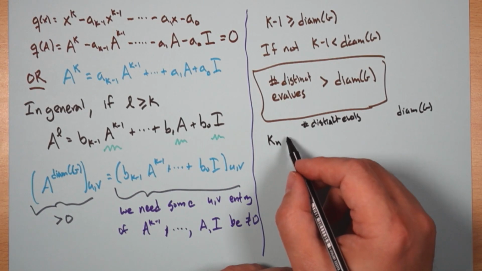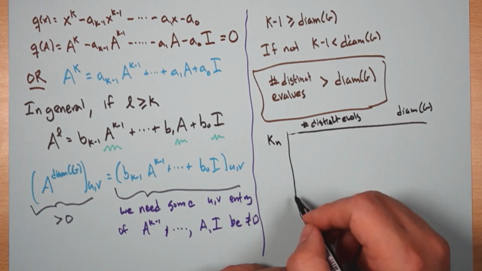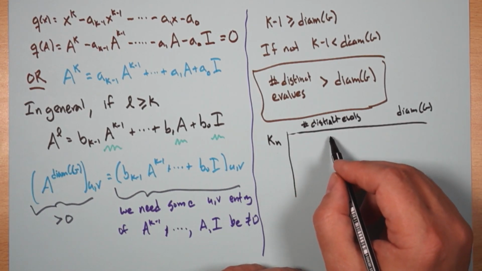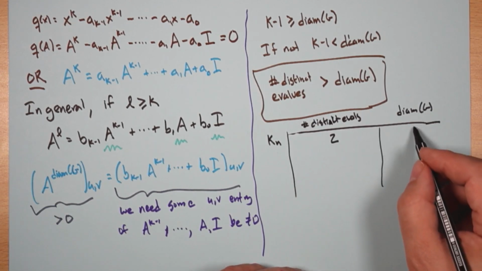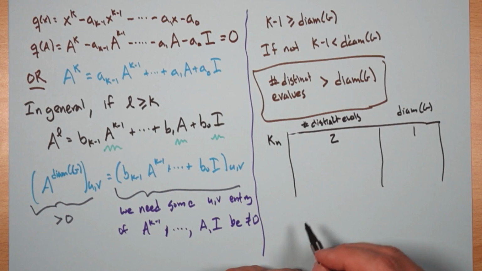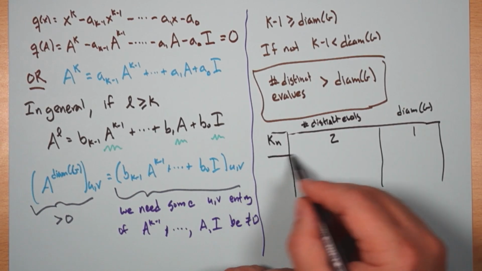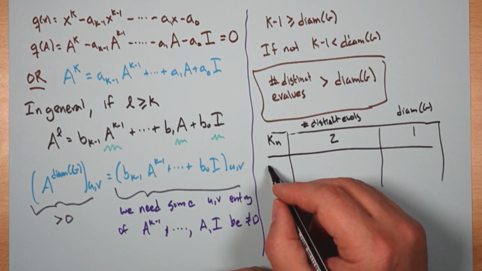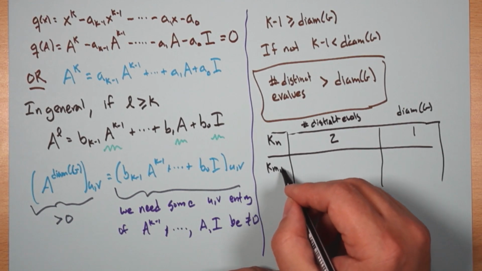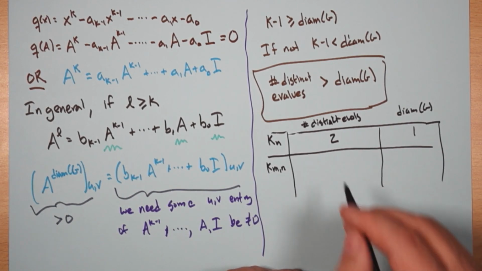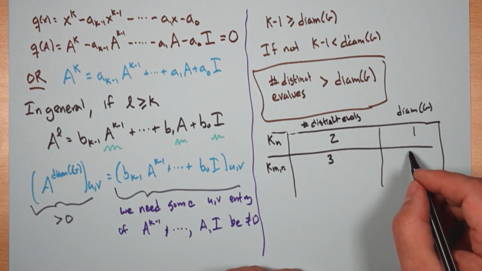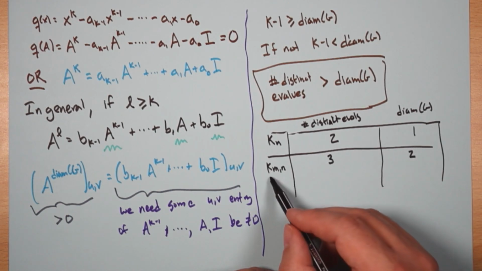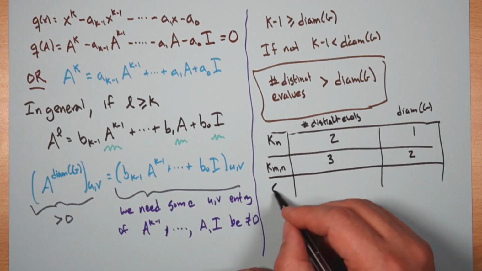Well, for Kn, the number of distinct eigenvalues is 2. What's the diameter? 1. All right, well, that's not so bad. How about for complete bipartite graphs, Kmn? In that case, we've worked it out. The number of distinct eigenvalues is 3. The diameter is 2.